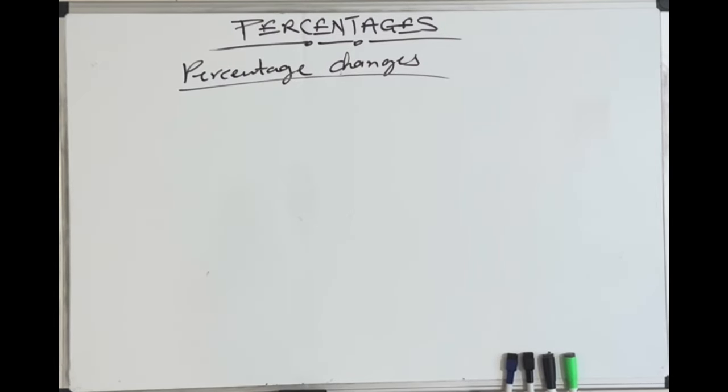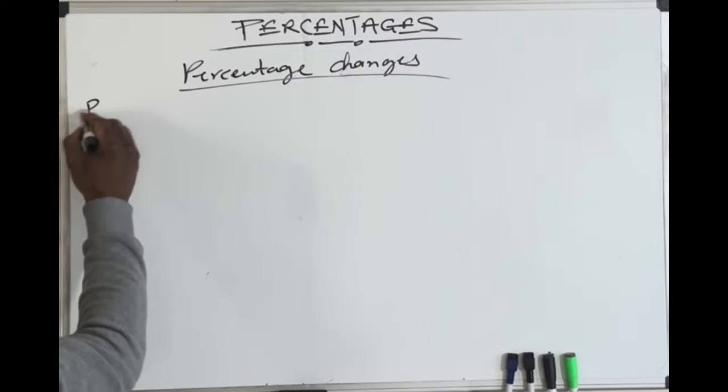Percentage changes. The change, that is increase or decrease in a quantity, is often expressed as a percentage. So if you are given the new value and asked to find the percentage change, this will be the formula.